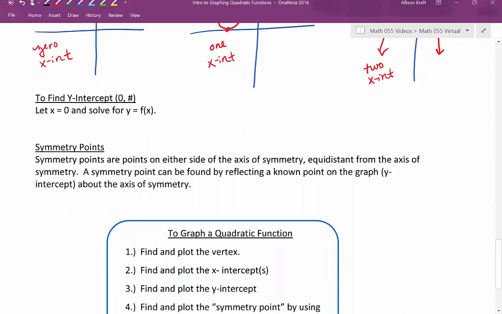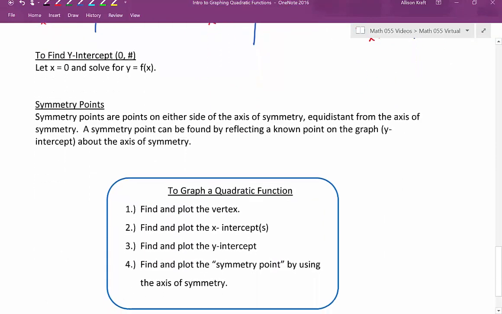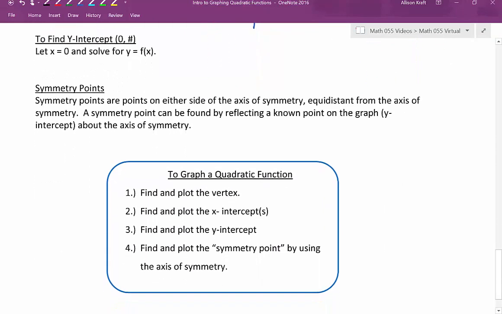The last thing I want to talk about in this introduction are symmetry points. We've discussed that parabolas are symmetric about their axis of symmetry. Well, symmetry points are points on either side of the axis of symmetry equidistant from the axis of symmetry. A symmetry point can be found by reflecting a known point on the graph. I typically like to use the y-intercept about the axis of symmetry.